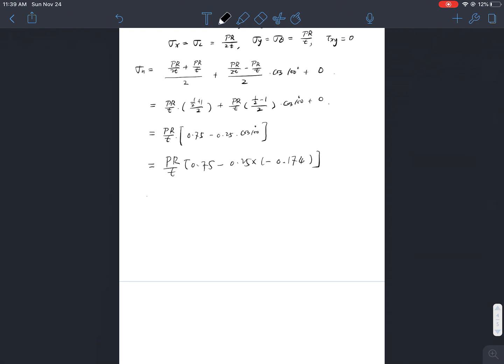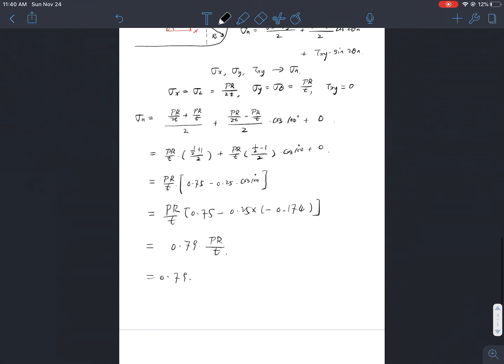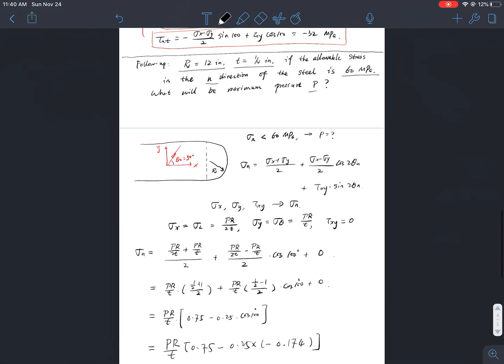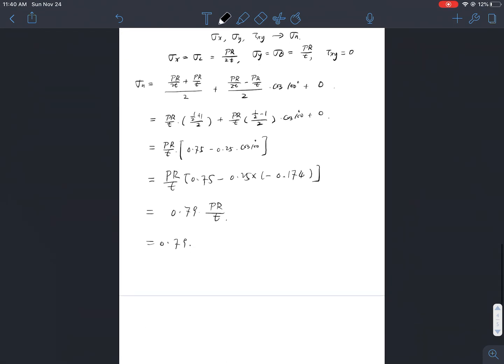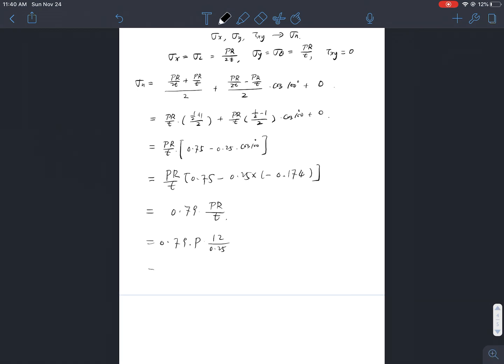This roughly gives me 0.79 PR over T. Now I bring in the R over T ratio. R equals 12 inches, T equals 0.25. So this gives me P times 0.79 multiplied by 12 by 4, because this is basically 1 over 4.